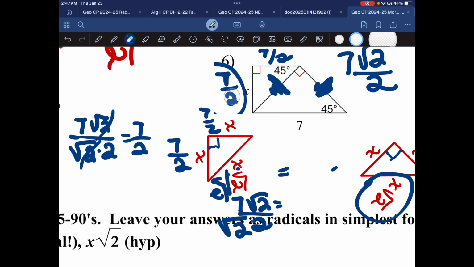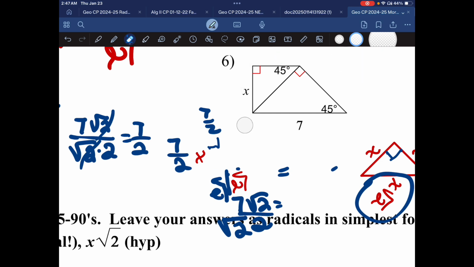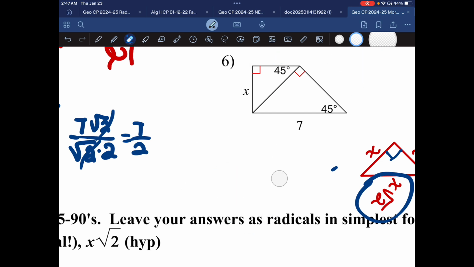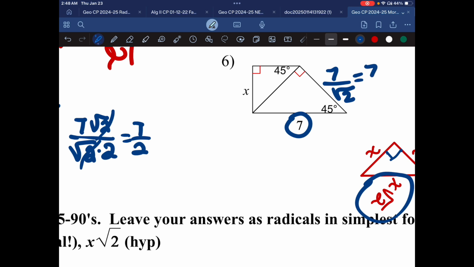So just a quick recap of this challenging one so you don't freak out on me. If this hypotenuse is 7, this is 7 over the square root of 2, which is 7 radical 2 over 2, and therefore so is that one.